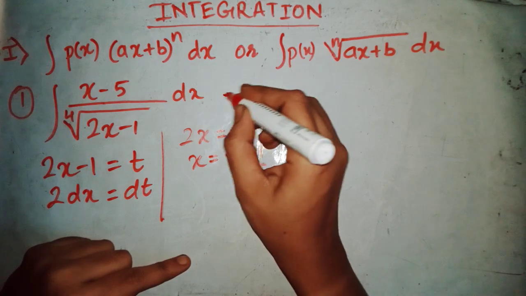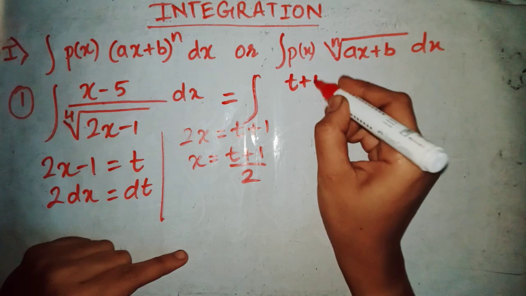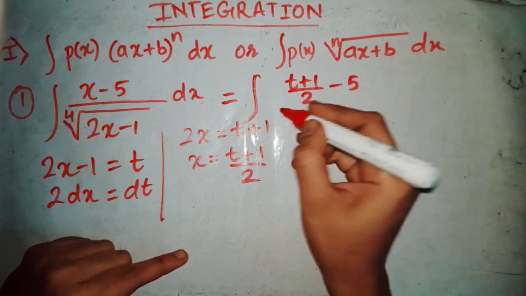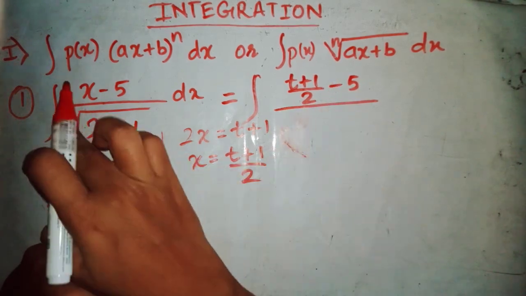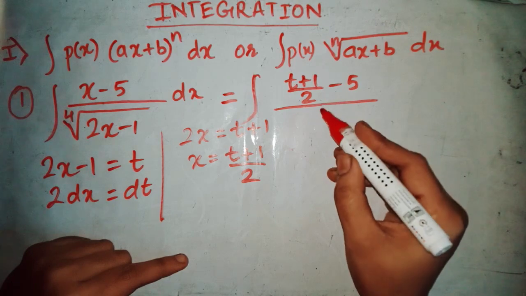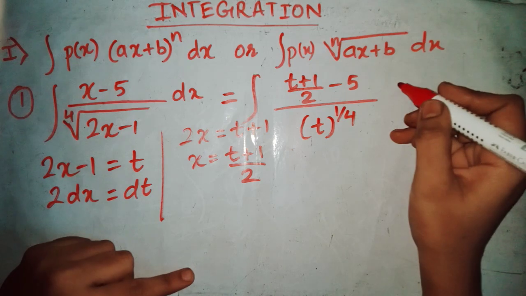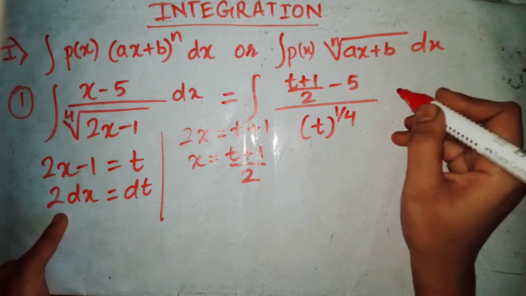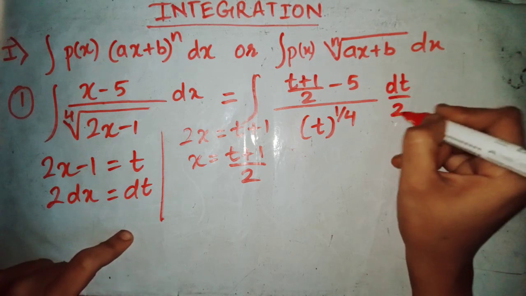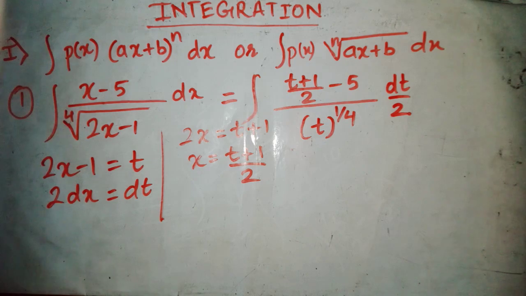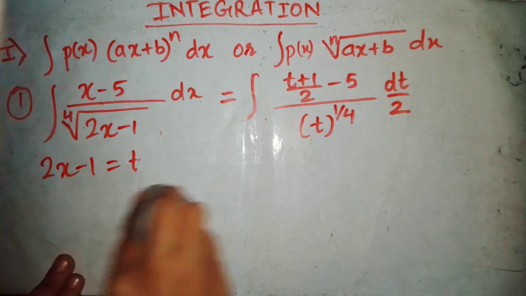So let's substitute. This becomes the integral of ((t plus 1) by 2 minus 5) upon, since it is the 4th root, t raised to 1 by 4. And dt is 2 dx, so dx becomes dt by 2.